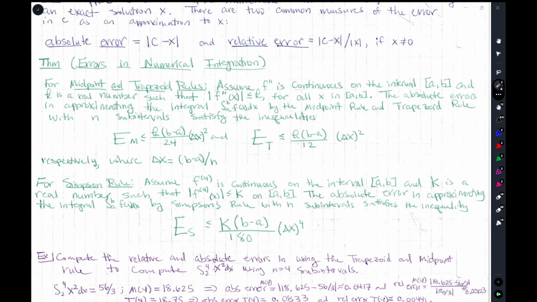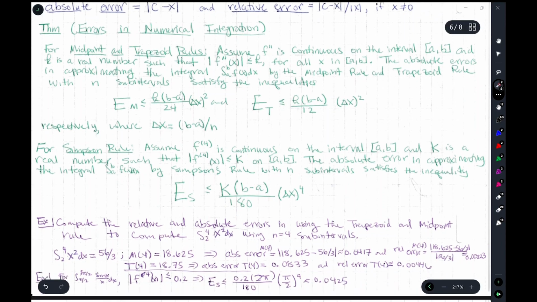You can't say that the absolute error will be equal to this, but you at least have an upper bound of the maximum that your error can be, and that's good enough. Thankfully it could be a lot less, but at least you know the maximum. So you could say this is correct up to this decimal place.